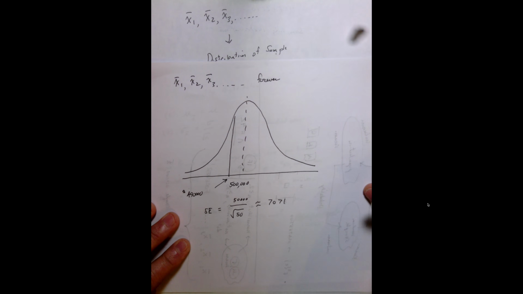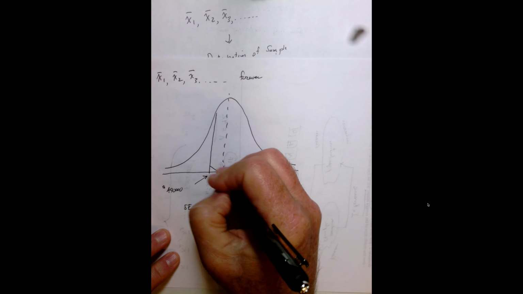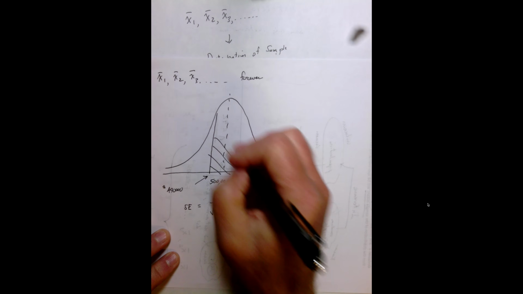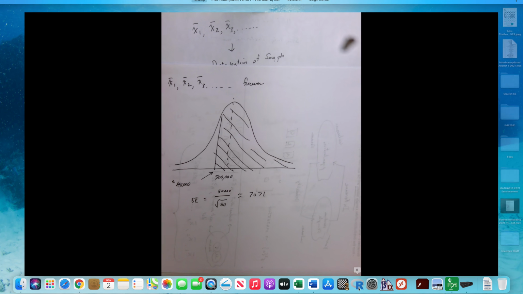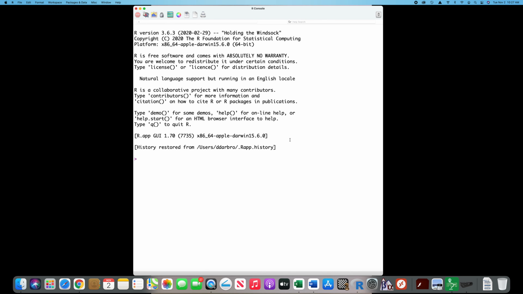And we want the area, what do we say, exceeds? So we want this area right here. Now that's really easy to do in R. Let me bring R up and I'll show you how to do this.